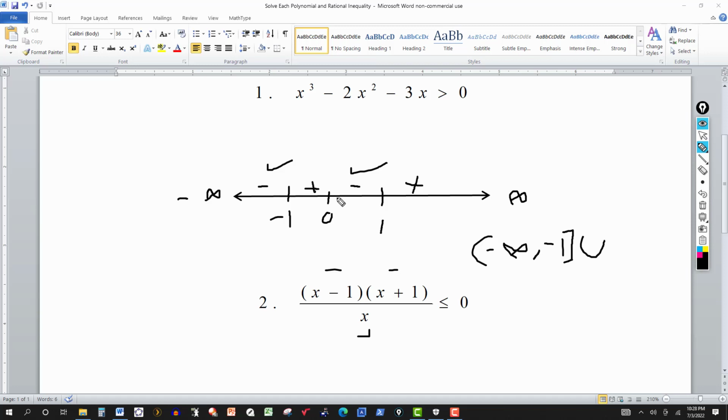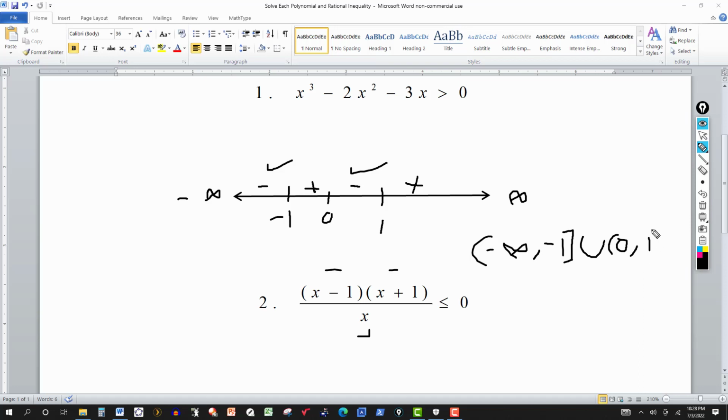The other negatives are between 0 and 1, and again the numerator is also 0 at 1. So that means open at 0. It cannot equal 0 because remember, if you put brackets, it means the number is included. So a bracket means you're allowing 0 in the denominator, because x would equal 0. So we put an open parenthesis there, no bracket, and this will be a 1.